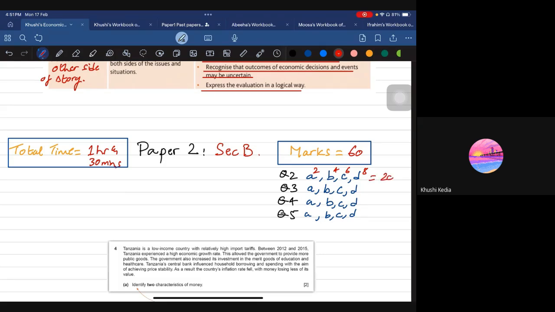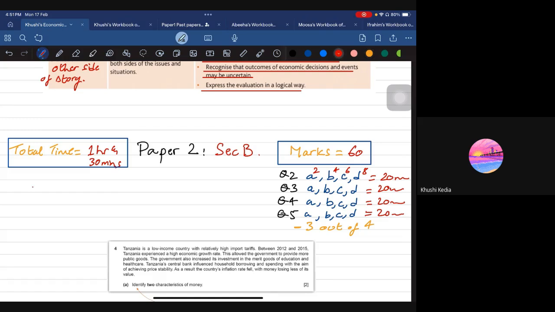So total of 20 marks each. And you have to do 3 out of 4. So there is a choice, right? Yes, sir.